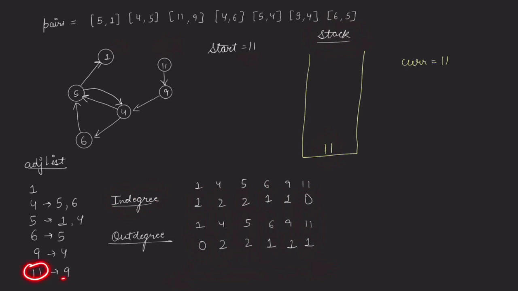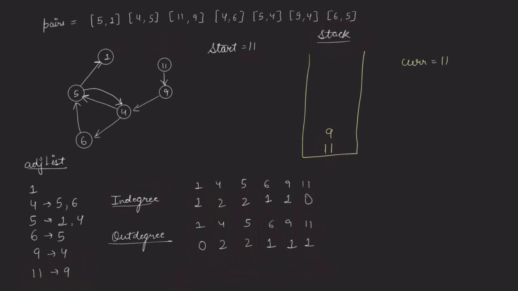So 11 has an edge towards 9, so 9 will be pushed into the stack, right? And since this 9 has been considered now, we shouldn't consider this edge 11 to 9 again, right? So we can remove this 9 from the adjacency list of 11, right?